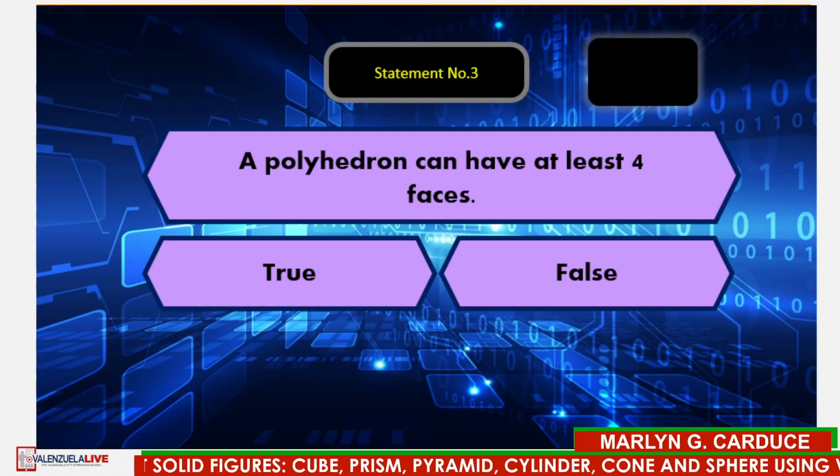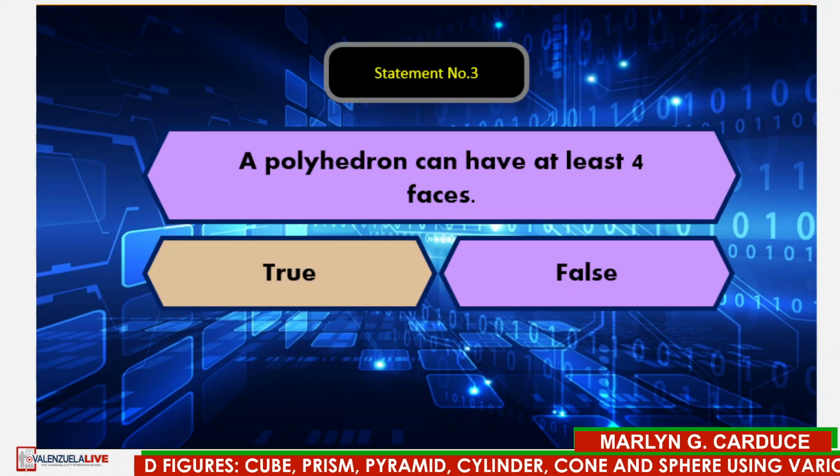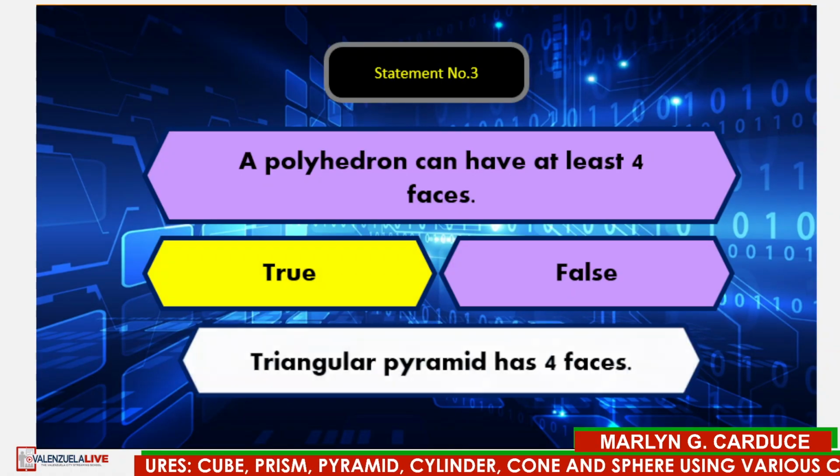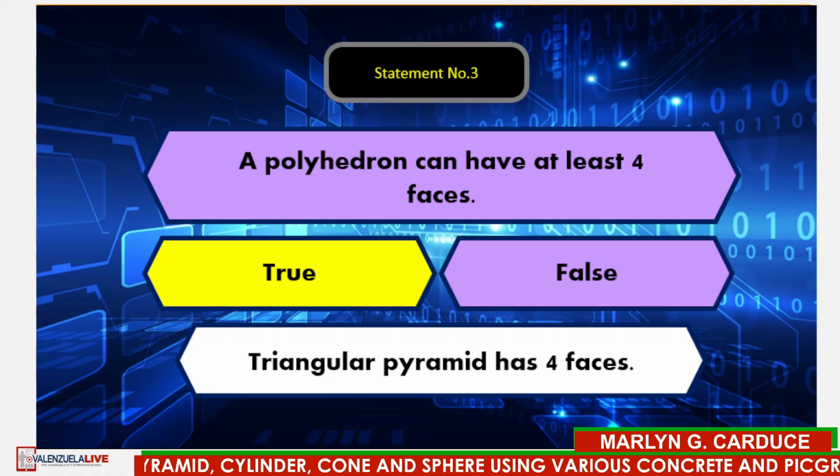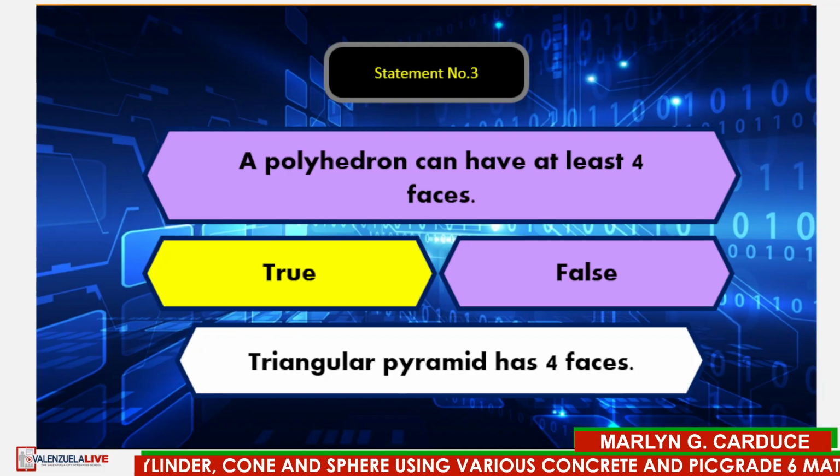Okay, time's up. The correct answer for this statement is true. So an example for this is a triangular pyramid that has 4 faces. And each face is a plane figure that is a triangle.